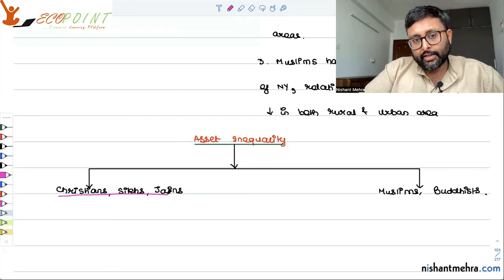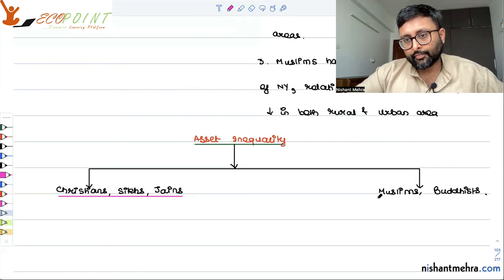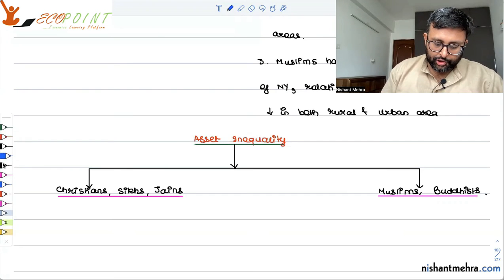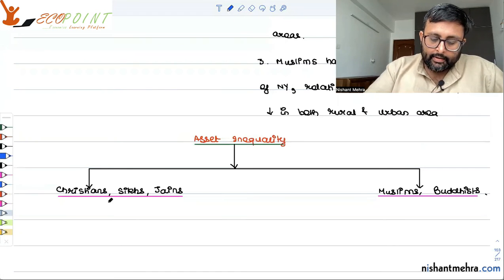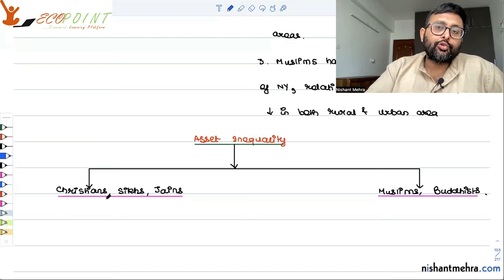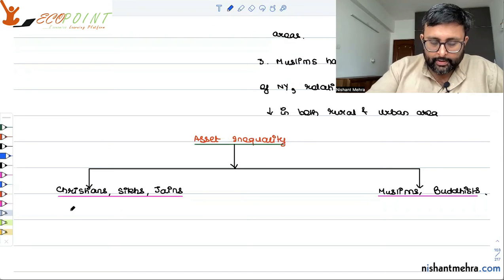So they say that if you look at Christians, Sikhs, and Jains, then they have higher asset ratios in proportion to their population share, right?